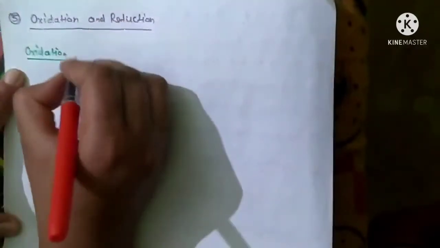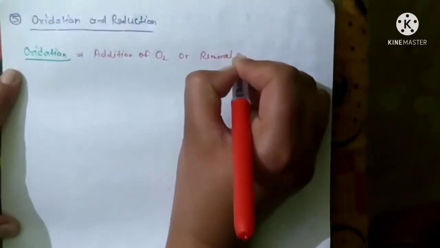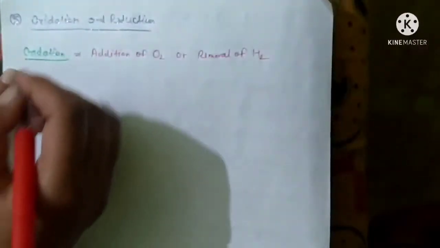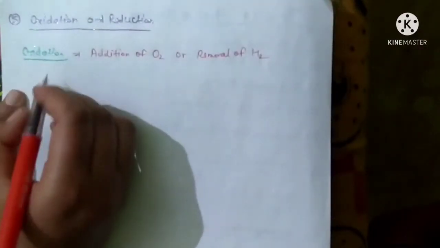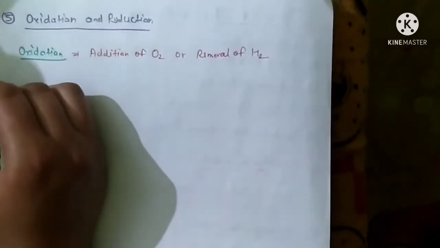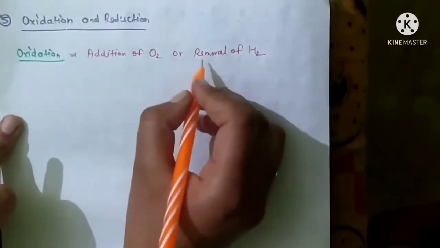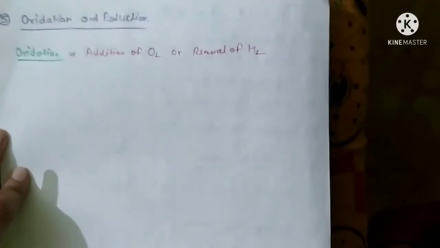What is oxidation? Oxidation is addition of oxygen or removal of hydrogen.